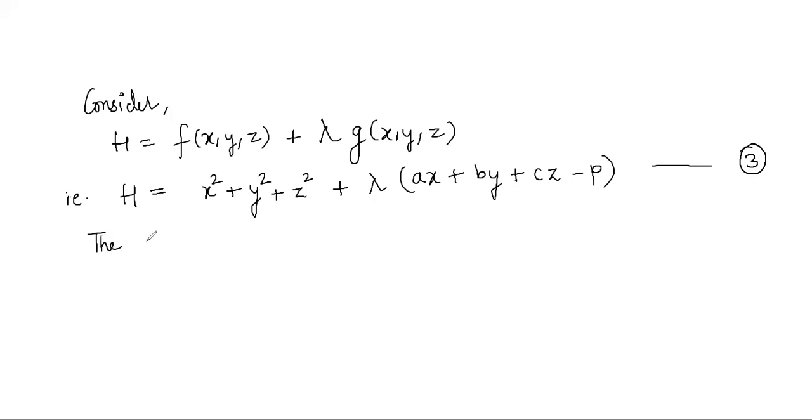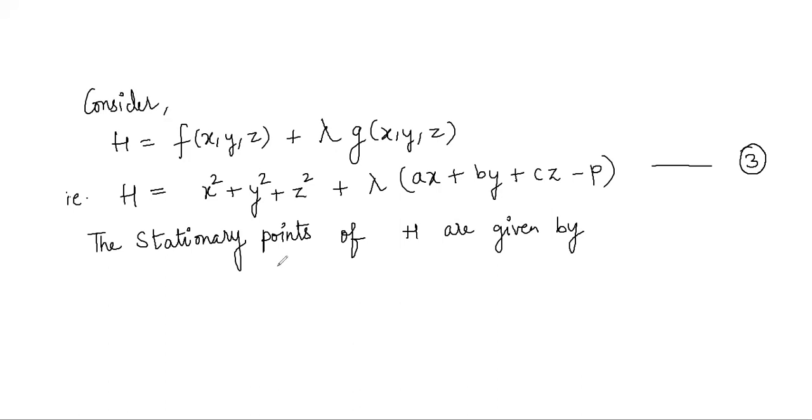The stationary or critical points of h are given by del h by del x equal to 0, del h by del y equal to 0, and del h by del z equal to 0.